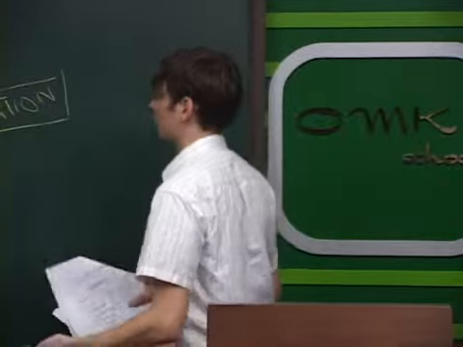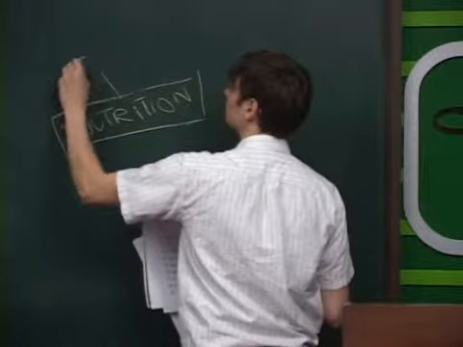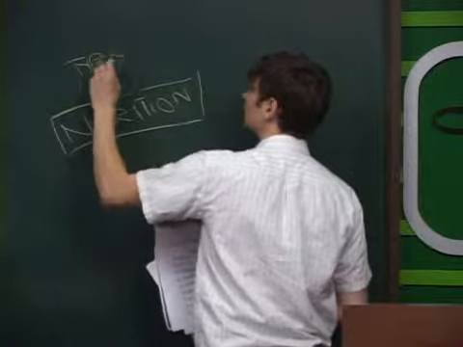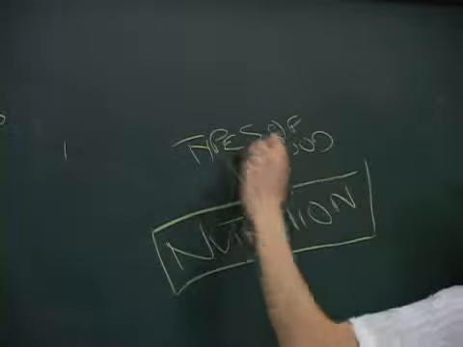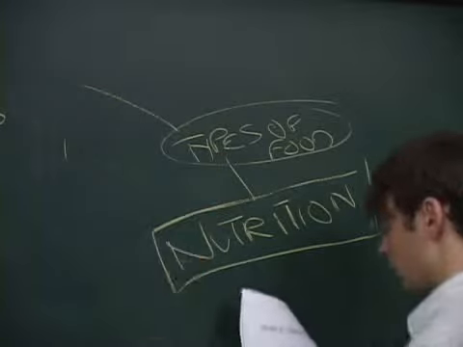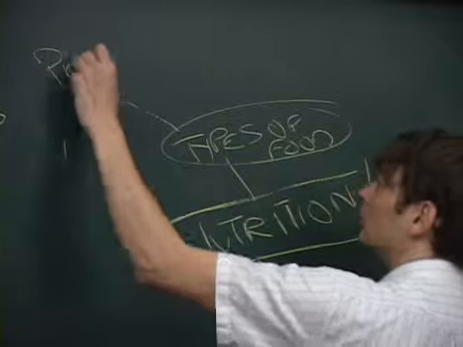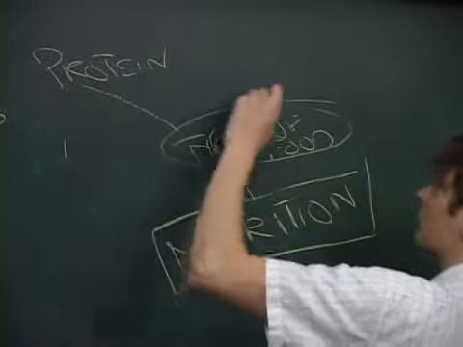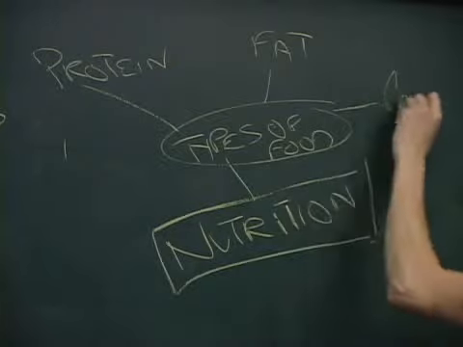So I can say, okay, with nutrition, I don't know, types of food. And then, well, what are the types of food? Well, there's, I don't know, protein. What else is there? Fat. Carbohydrates.